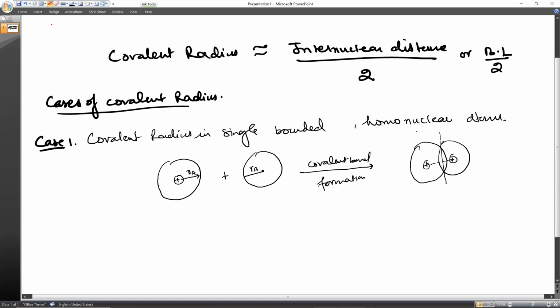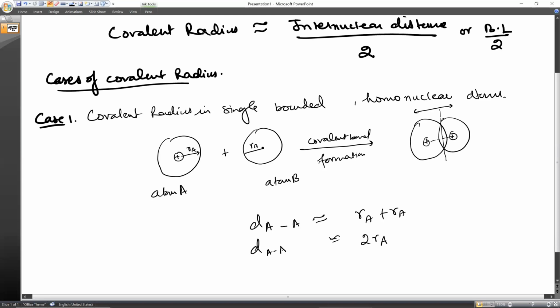So if this is atom A and this is atom B, we can say the distance d(A-A) is approximately equal to Ra plus Ra, which is approximately 2 times Ra. So Ra is approximately d(A-A) divided by 2.